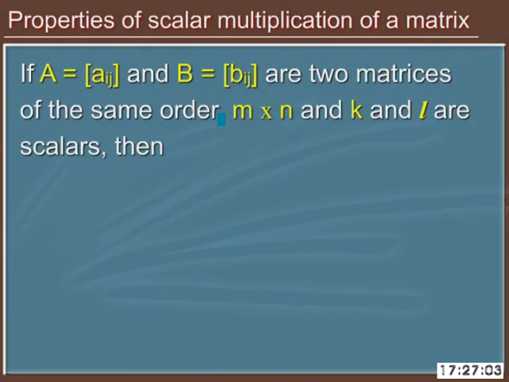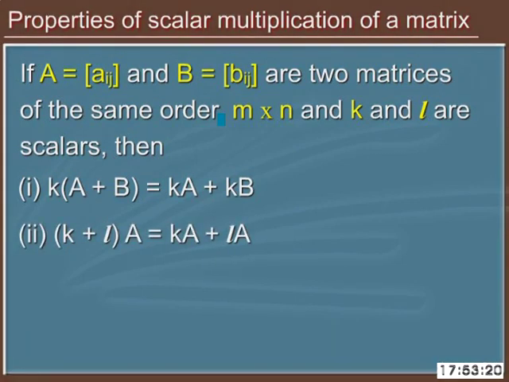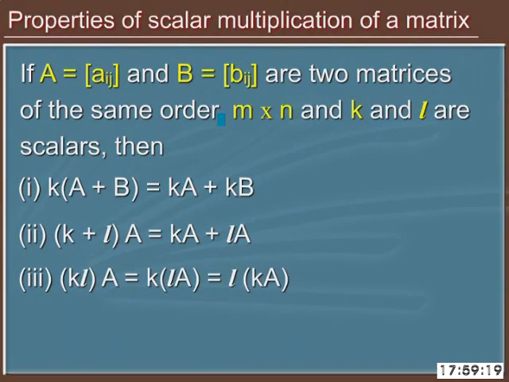Properties of scalar multiplication of a matrix. If A is a matrix having general element Aij and B is a matrix with general element Bij, two matrices of the same order m by n, and K and L are scalars, then first, K into (A plus B) is equal to K into A plus K into B. Second, (K plus L) into A is equal to K into A plus L into A. Third, K into (L into A) is equal to (K into L) into A, which can be further written as L into (K into A).